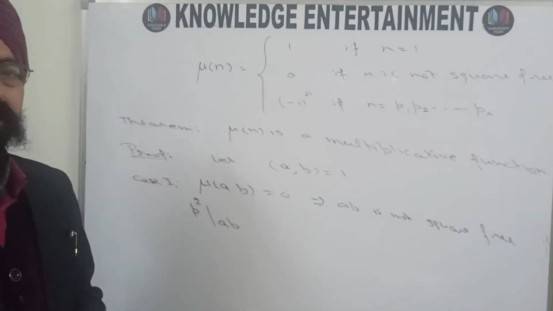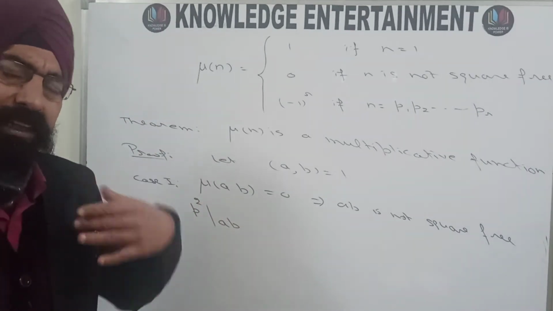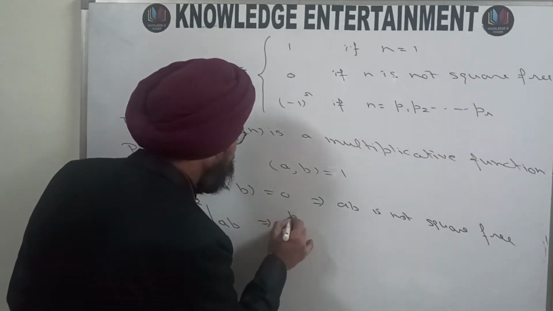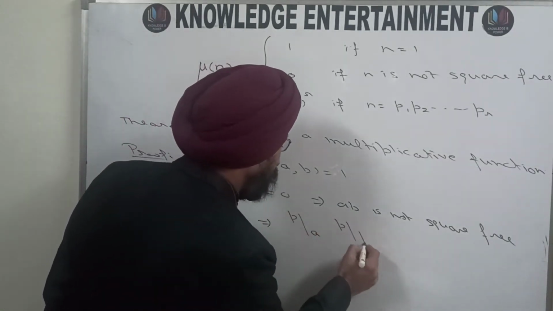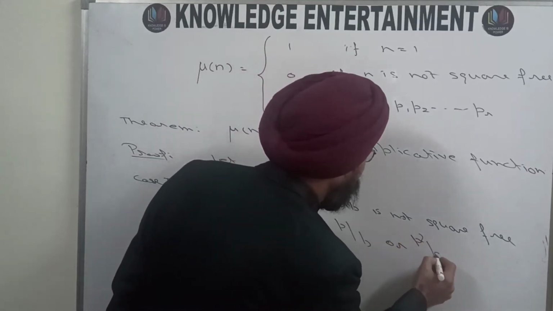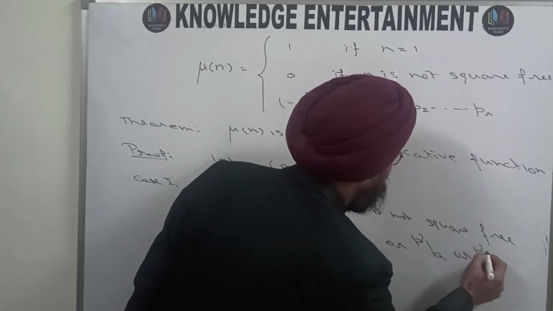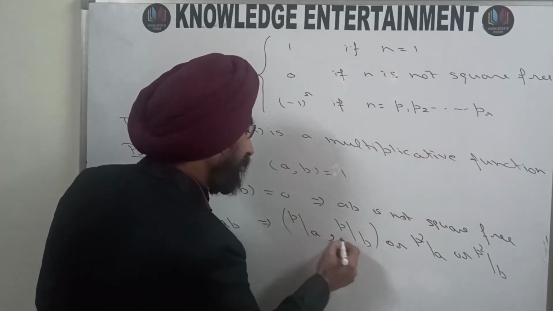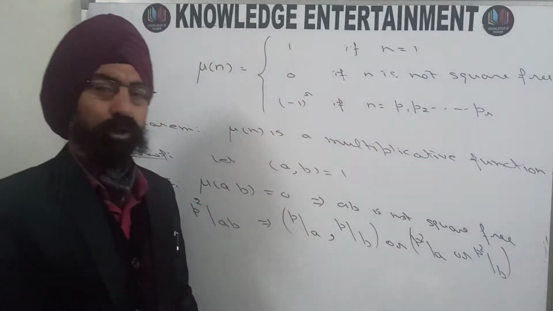There are now two further possibilities. One possibility is that P divides A and P divides B, and the second possibility is P square divides A or P square divides B. This is one possibility, and this is the second possibility.